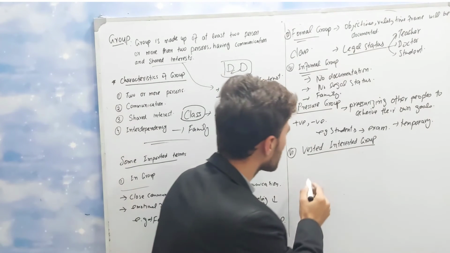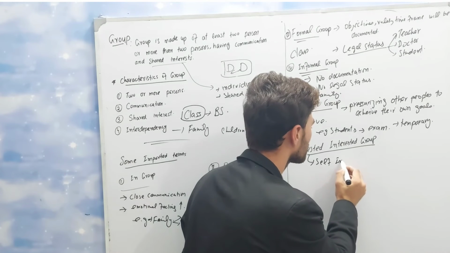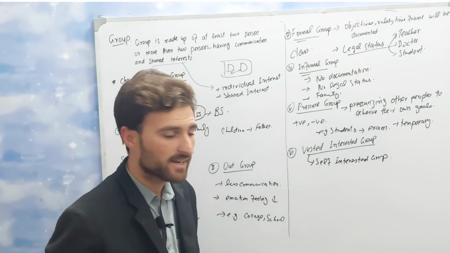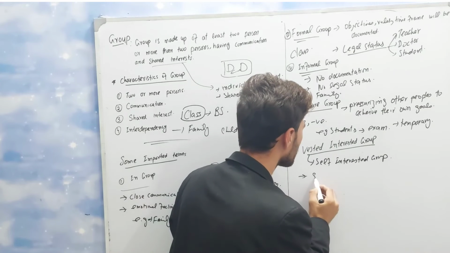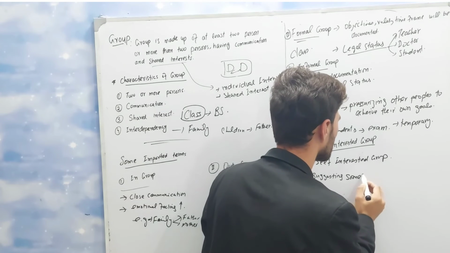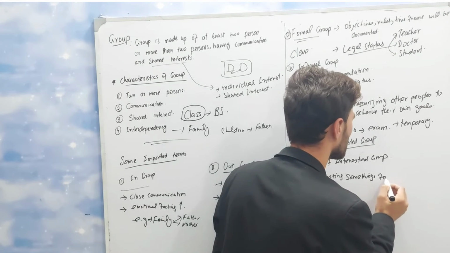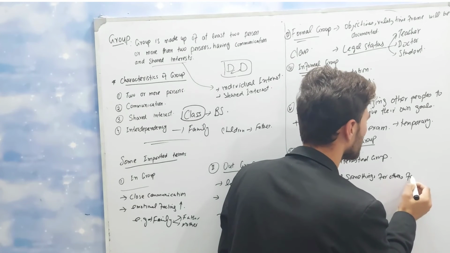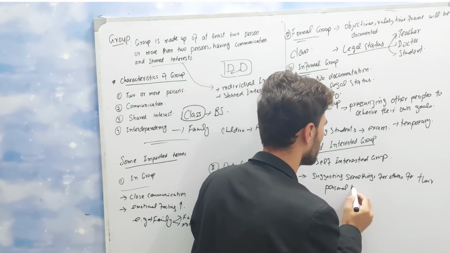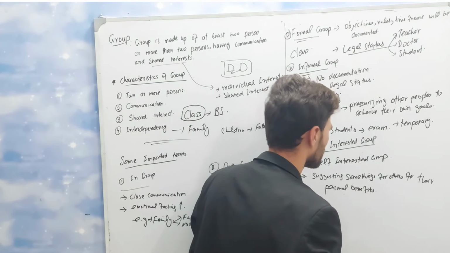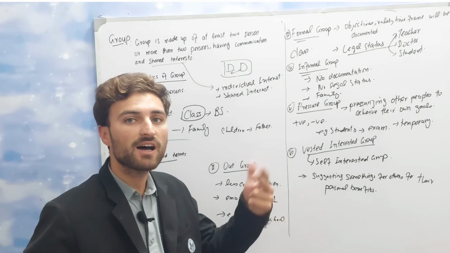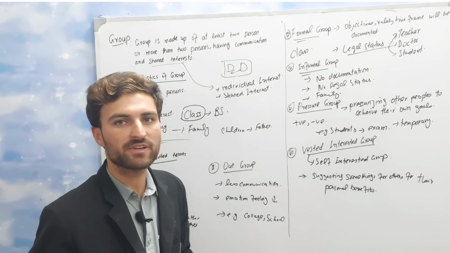Now the vested interest group, or we can also say self-interested group, is that kind of group which suggests something to others for their personal benefit. A vested or self-interested group suggests something to others for their own benefit and welfare.